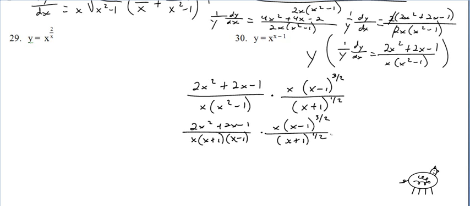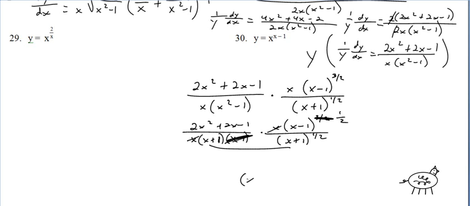All right, so now what I can do is I can kind of put some stuff together here. Do you guys agree that I have x minus 1 to the 3/2 and x minus 1? So you guys agree this cancels out here, and this becomes just 1/2. The x cancels. And then I can put these two bottoms together, right? Isn't it x plus 1 times x plus 1 to the 3/2?